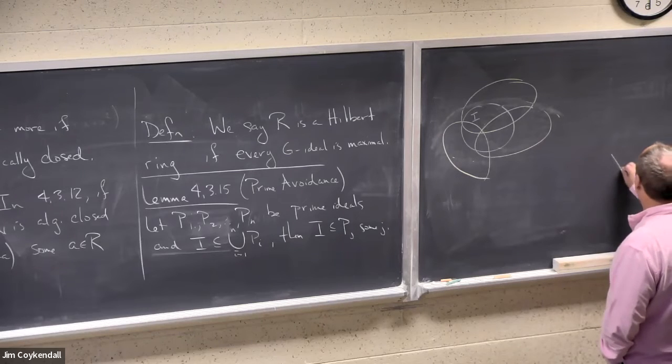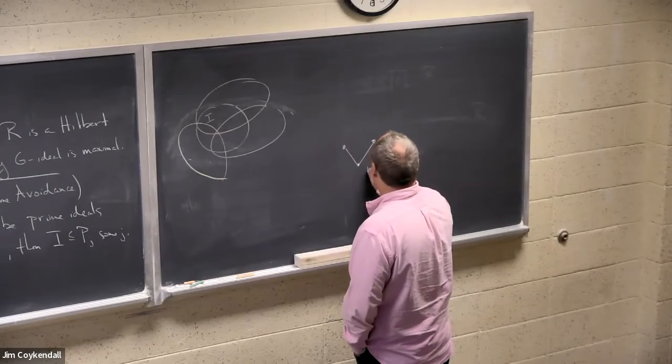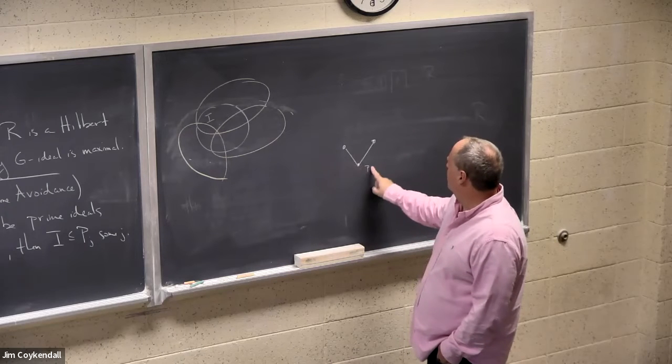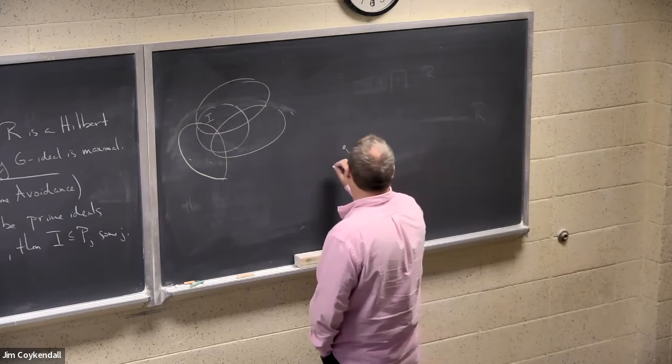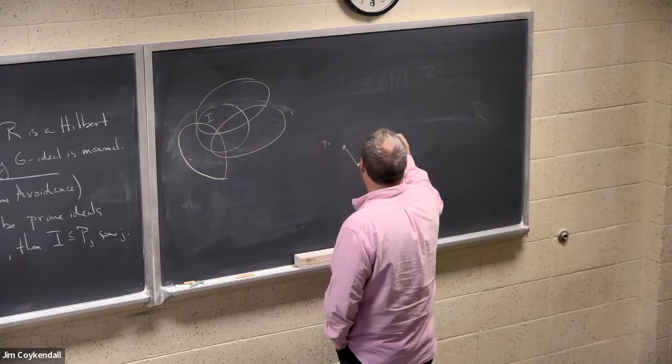So you guys remember this domain we did, where we took P1 and we took a prime P and we built this domain and we split this into, say, P11, P2.